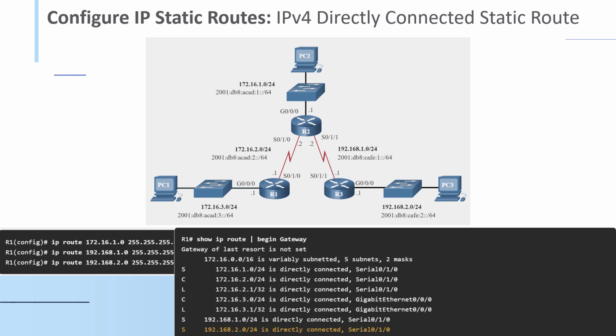And it looks like we find a match in this routing table, and all the packets are forwarded from the serial interface 0/1/0 of router 1.